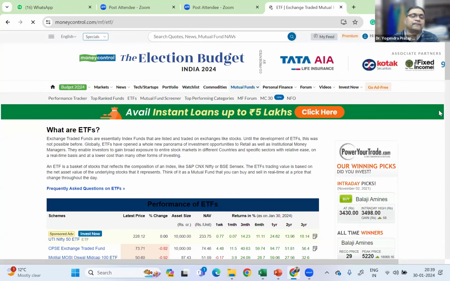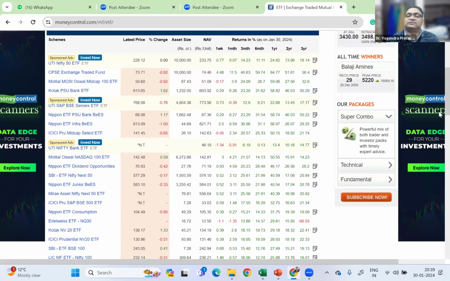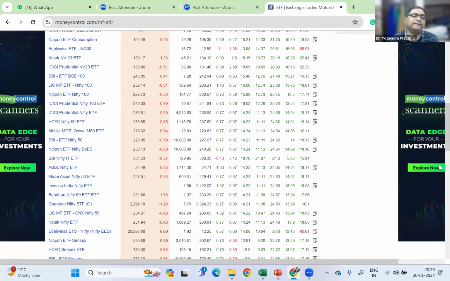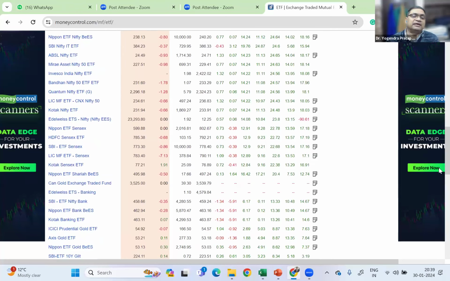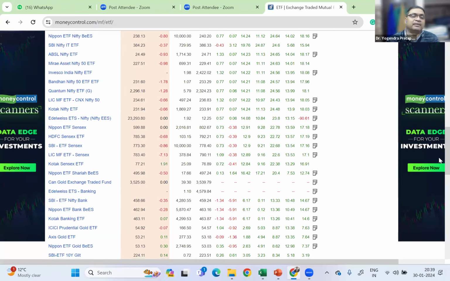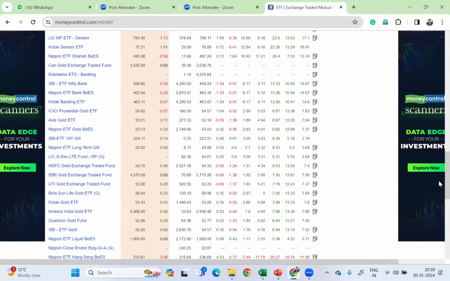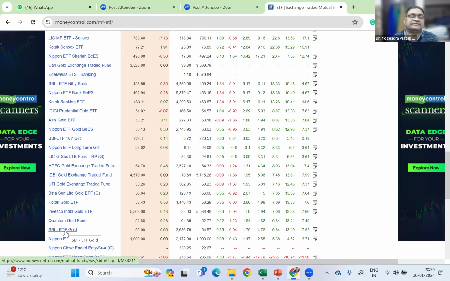Once you see the ETF here, there is a list of exchange traded funds. I'm looking at the SBI ETF Gold. Suppose this is, and here you see SBI ETF Gold.